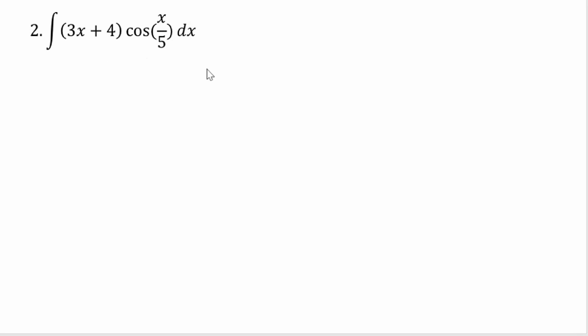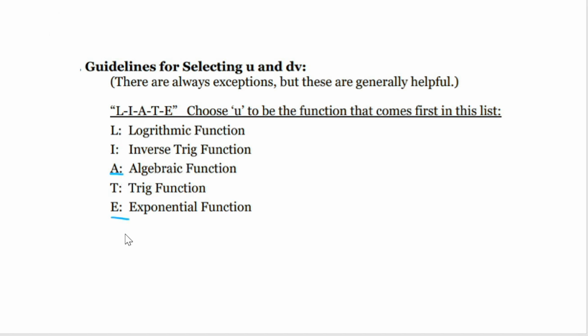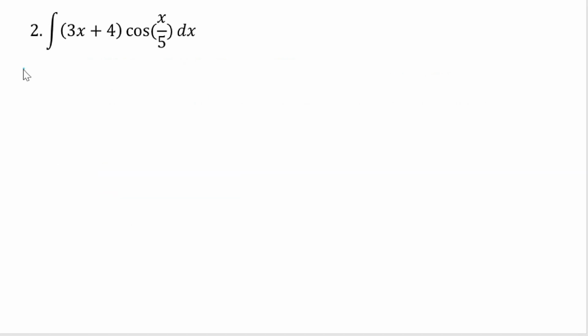Between the two functions given, using the acronym LIATE, we choose the algebraic function as the value of u. So u is equal to 3x plus 4, and dv is the remaining terms, which is cosine of x over 5 dx.